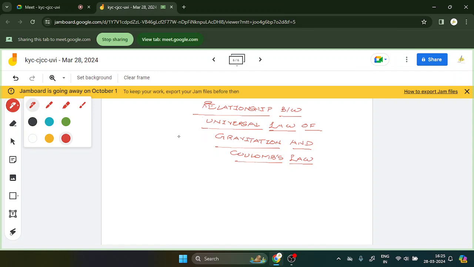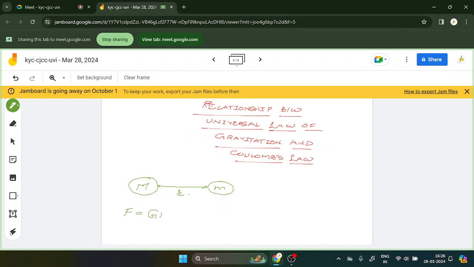In the previous class, when you discussed the universal law of gravitation, suppose instead of the charges, there were masses. Suppose this is the big mass, capital M, and this is the small mass, small m, separated by the distance small r. The force acting between the two masses was directly proportional to the product of the two masses and inversely proportional to the square of the distance between them, and the formula which we got was F equals G capital M into small m upon r square.